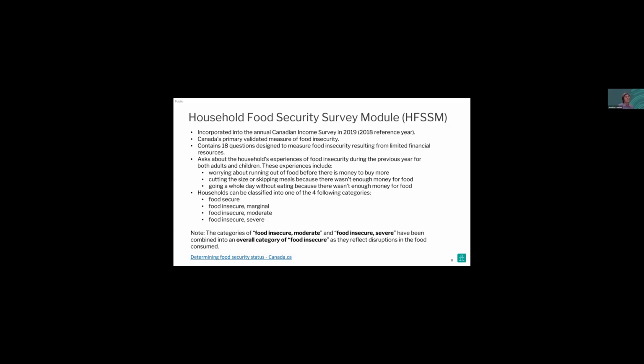We also make use of national data survey guidance, such as the Canadian Household Food Security Survey module. In this instrument, we found a parallel gradient type of category of food secure through to severe food insecurity. The survey provides guidance that if responses are moderate or severe, a finding of food insecure be identified.